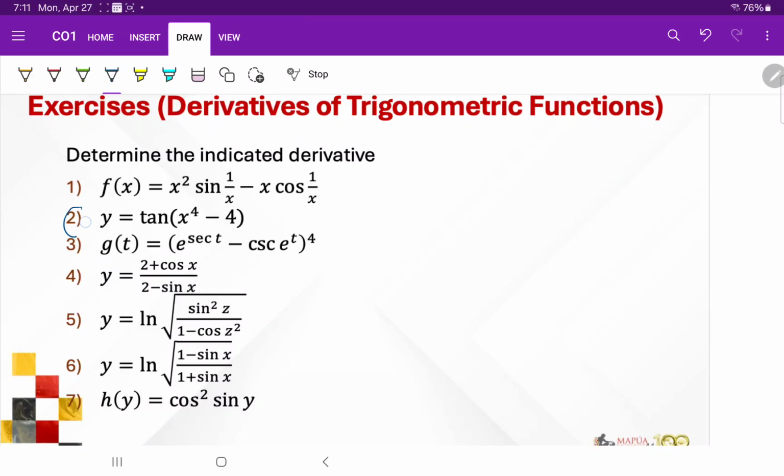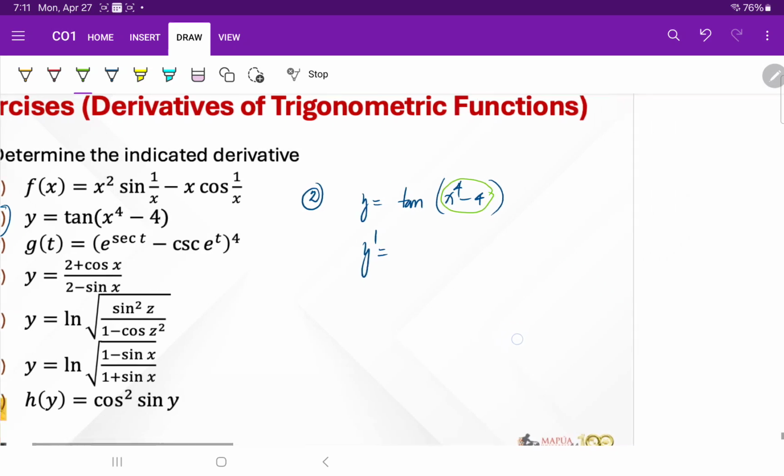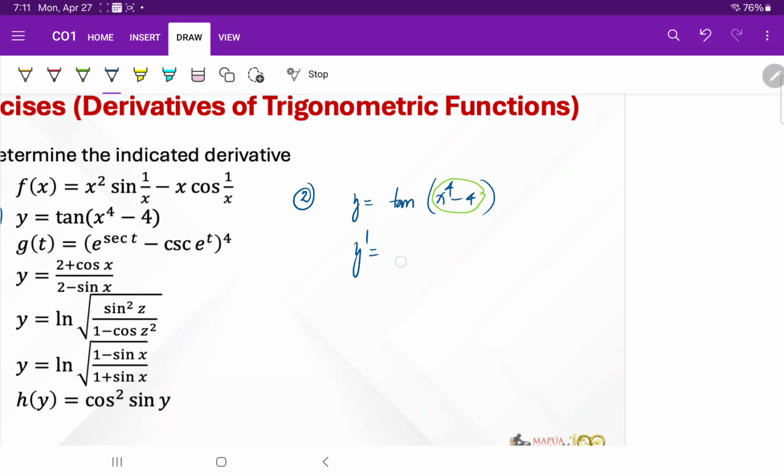Let's do number 2. For number 2, we are given y is tangent of x to the 4th minus 4. So what's your y prime? This is u. The derivative of tangent u is secant square u. So therefore, this is secant square of x to the 4th minus 4 times 4x cubed.